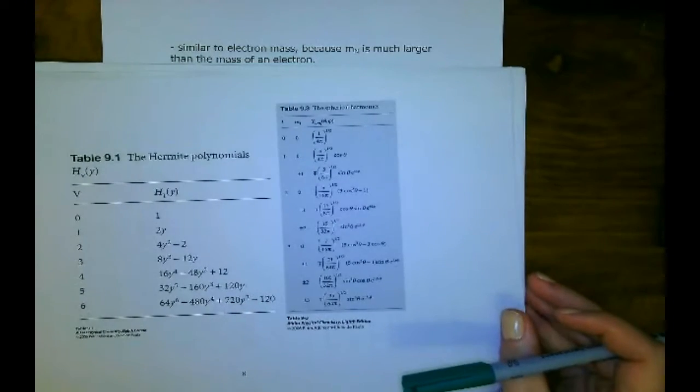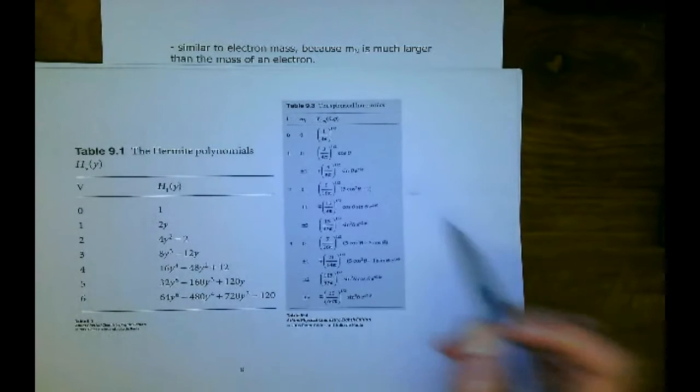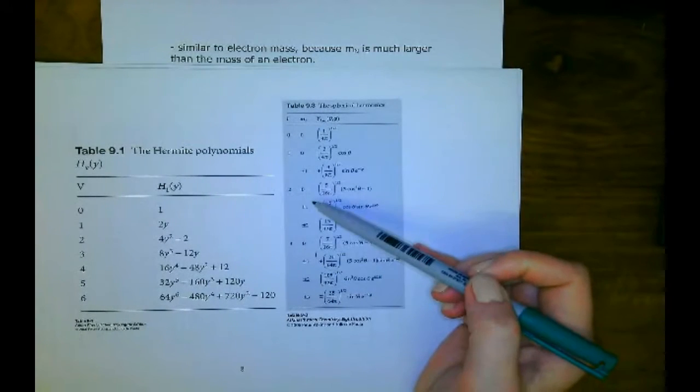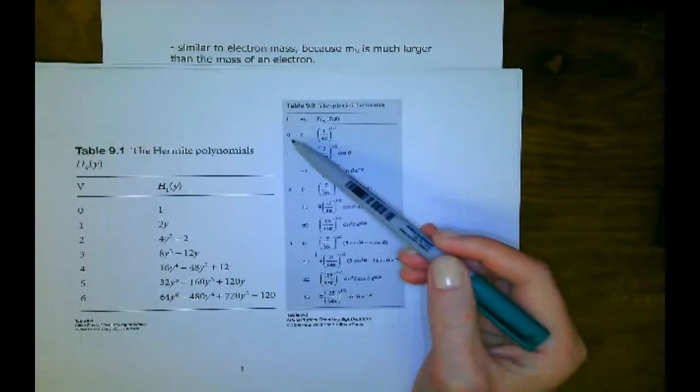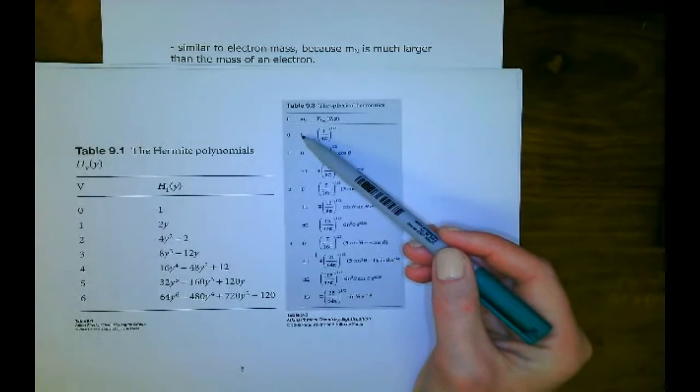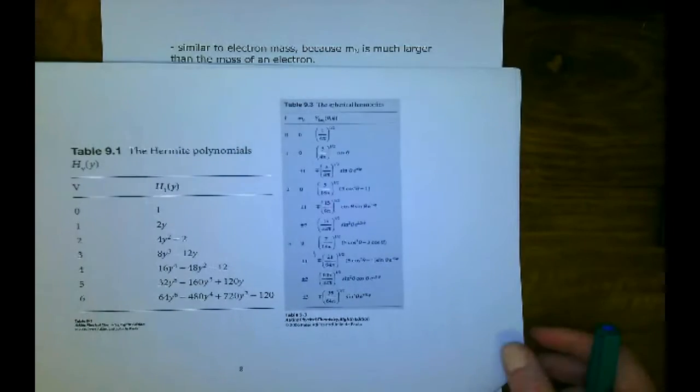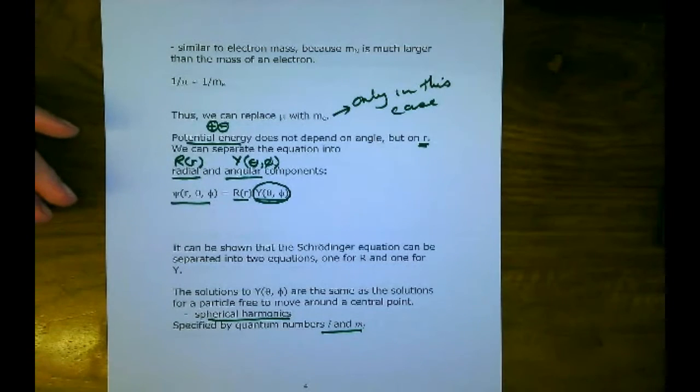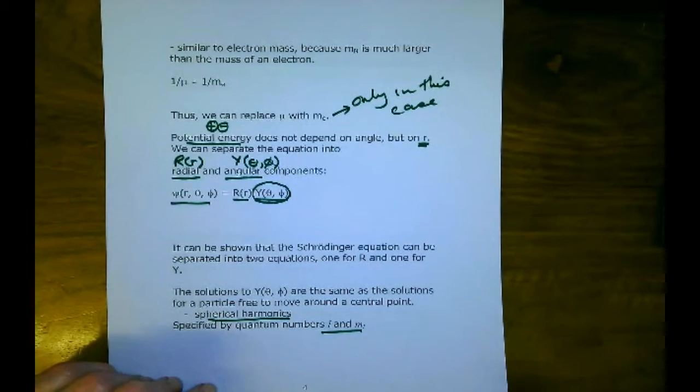It's labeled table 9.3 in your data sheet, and all the functions are given there depending on the specific quantum numbers L and ML. So that section we have covered already.